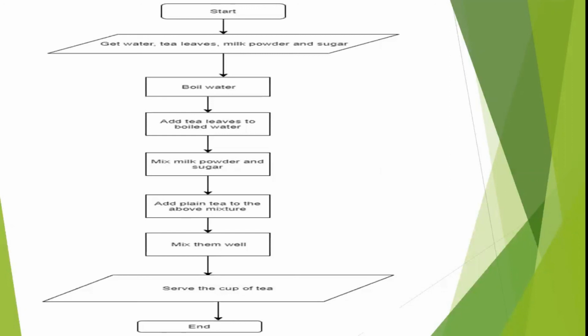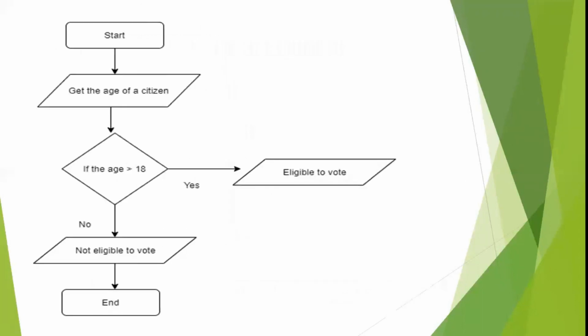Then you mix milk powder and sugar, and add the plain tea to the milk and sugar. You stir them and mix them well, and then finally you serve the cup of tea, and it's the end. Sorry, it's not in the correct format because this picture was a bit big, so I shrunk it and put it here, but I hope you understood the initial idea.